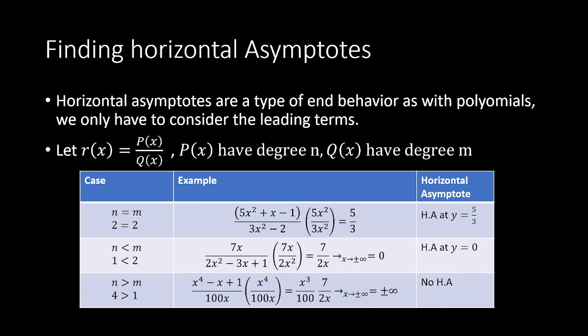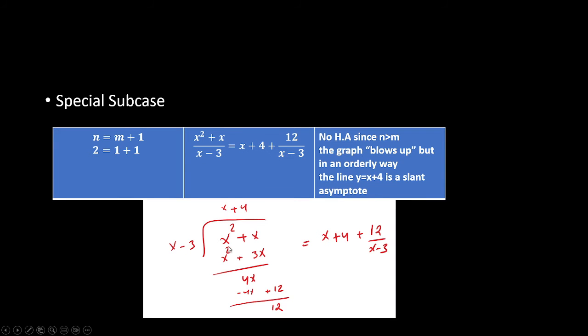You also have a special case like this. Your n is equal to m plus 1. So 2 is equal to 1 plus 1. This is not a horizontal asymptote. In this case, there's no horizontal asymptote because the degree of the numerator is higher than the denominator.